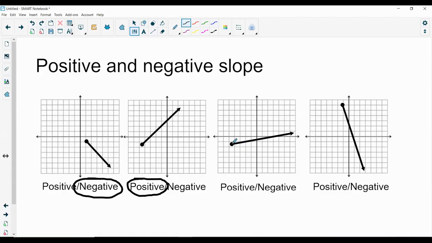If I start here and I follow the line, it's just gradually going up, but it's going up, so it is positive. And again, if I start here and I follow the line, it's really steep, but it's headed down, so it's negative. Pretty simple, right? That's how you're able to determine if a line is positive or negative.